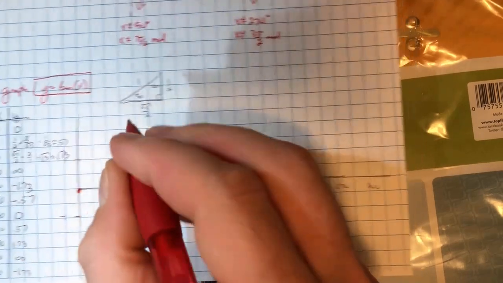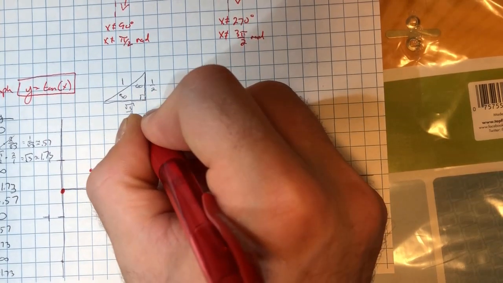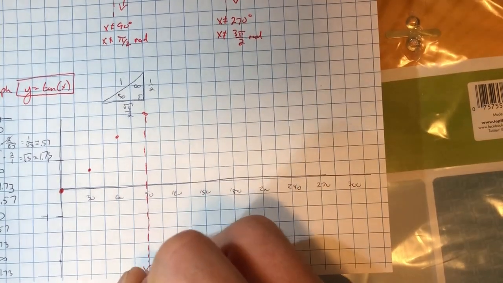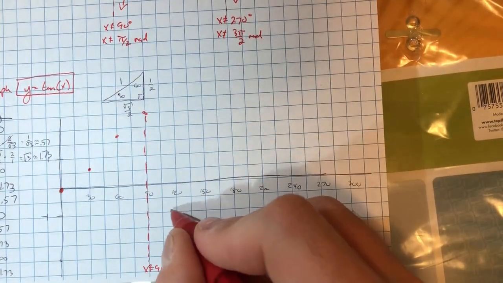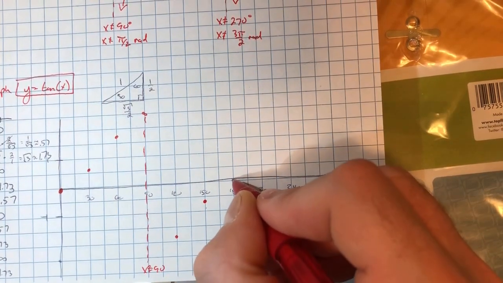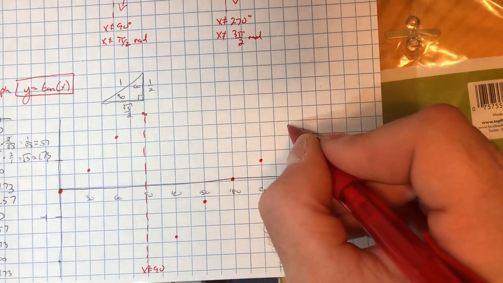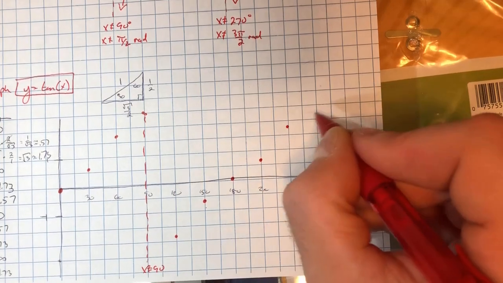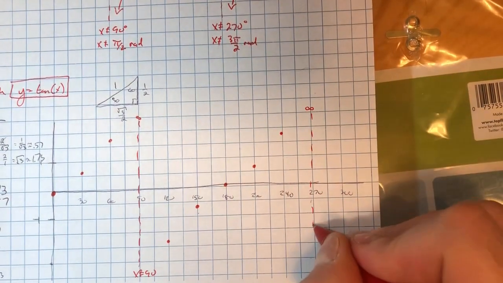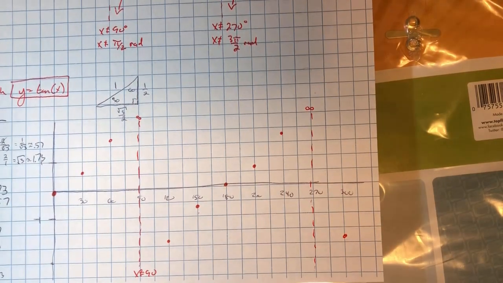And so let's go ahead and graph those. So now I have 0, 0.57, 1.73, and infinity. So I have something that it can't touch. I have negative, and there we go.